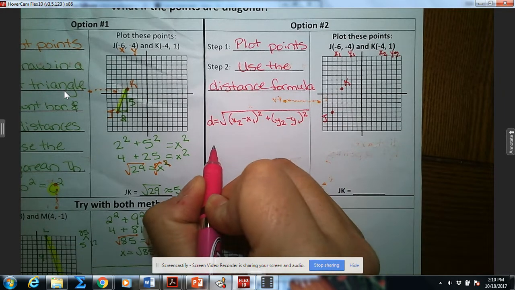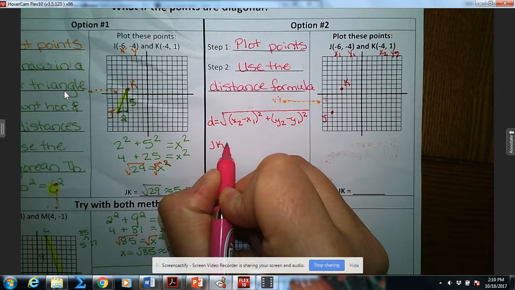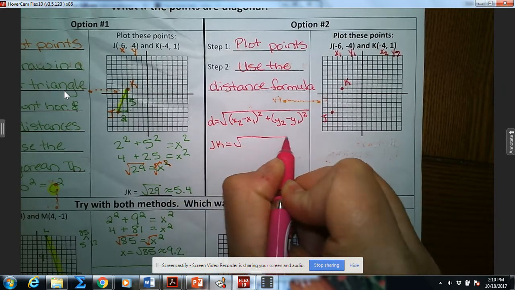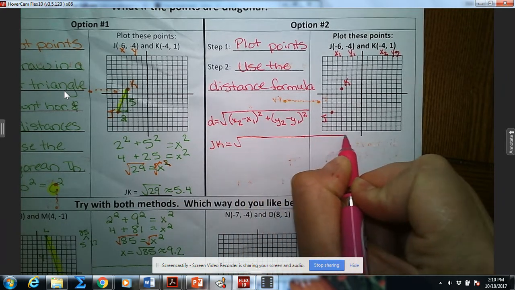So let's watch here. The distance from J to K is equal to giant square root. Probably going to write so big I'm going to come over into this box.